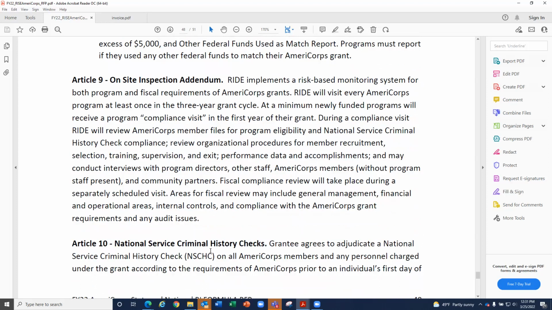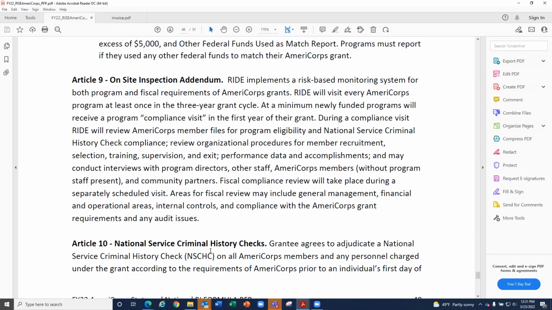We will also have an annual compliance review or visit, as the language is here. We have adapted this process to be more of a virtual visit at this time, and we'll see if the world allows us to return to physically visiting the offices of our subgrantees. But we will, on an annual basis, in the spring, have a more detailed monitoring process that we would inform you about after you become a grantee.